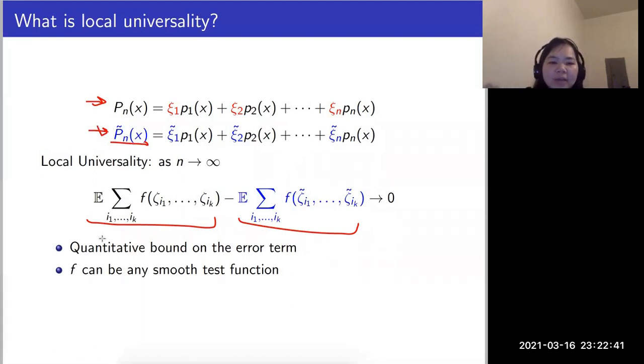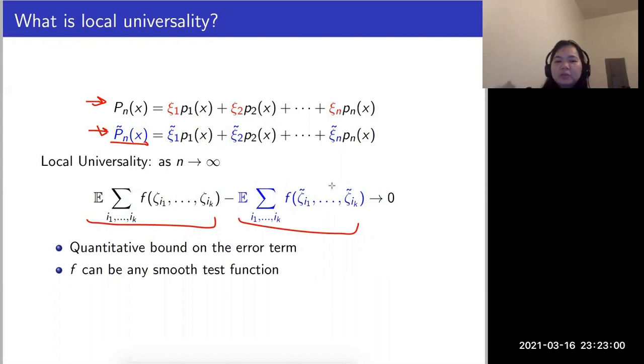And local universality, if it holds, will say something like this. The statistic that we're interested in is asymptotically roughly the same as the statistic coming from the Gaussian.